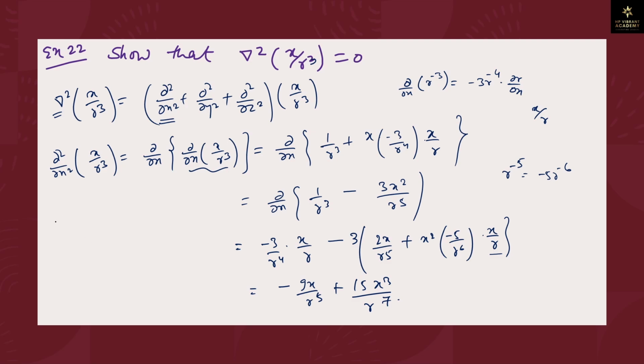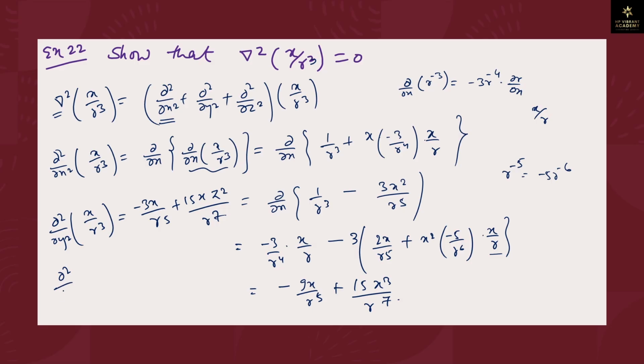Similarly, del square upon del y square of x upon r cube is equal to minus 3x upon r to the power 5 plus 15x y square upon r to the power 7.